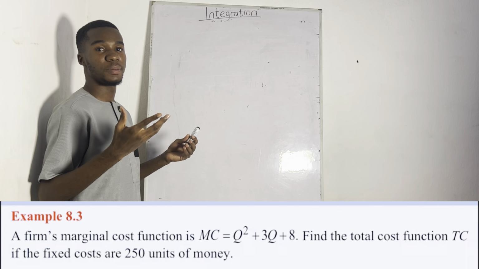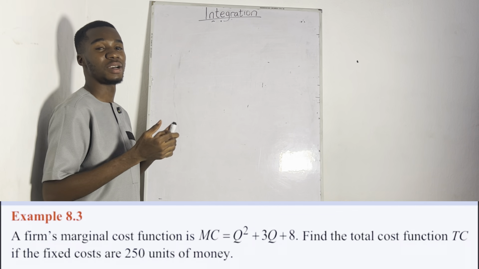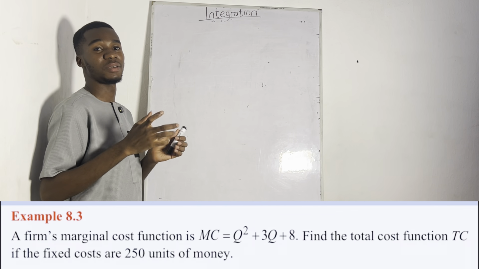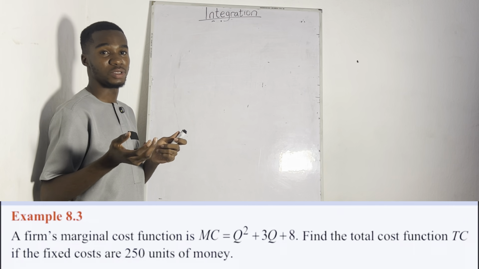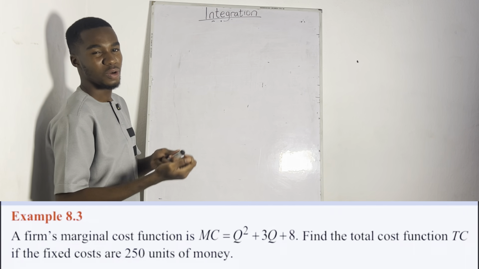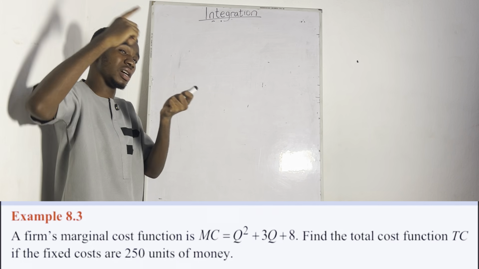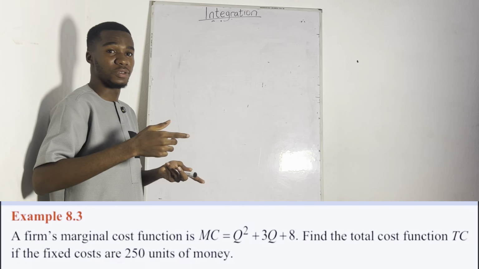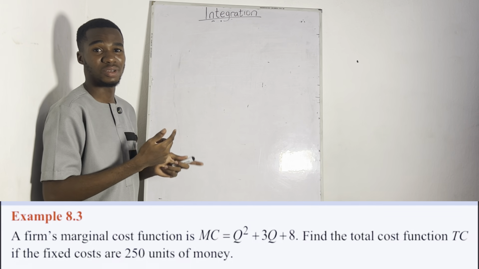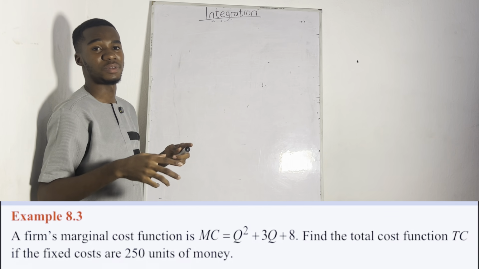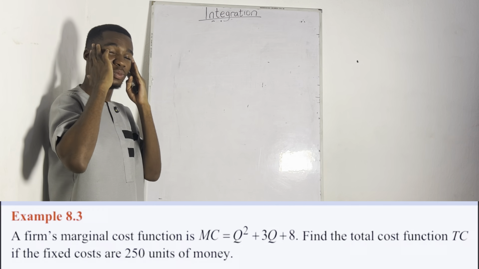So if you truly remember that, what I'm trying to say is that if you have total cost and you want to get marginal cost, you just have to differentiate. What that means is that if you have marginal cost and you now want the total cost, which is the reverse of it, you now have to integrate, because integration is the opposite of differentiation. You get it? So please put this in your head.